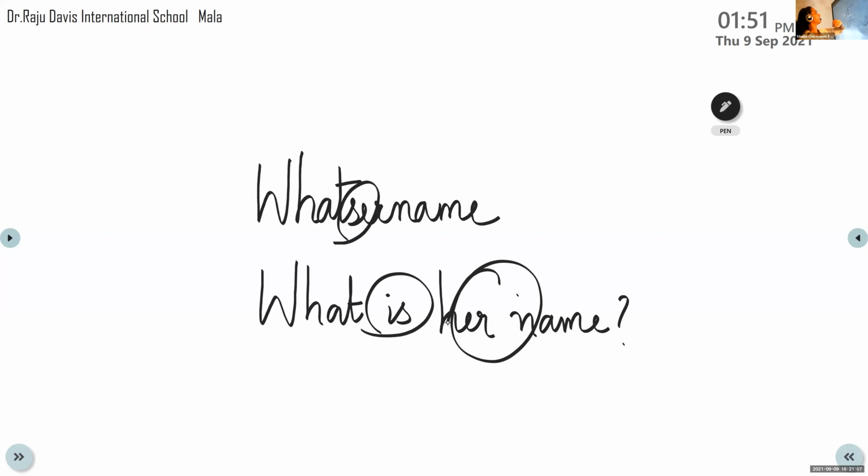So that is what we are going to look at: connected speech, how to connect speech, and what are the different types of connected speech.